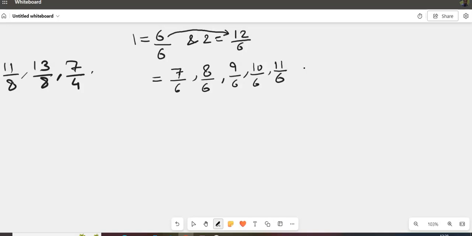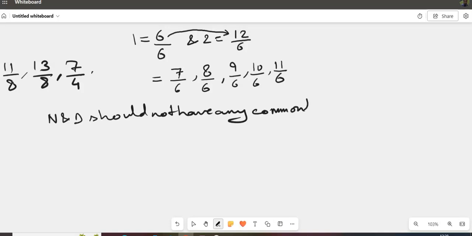It means the numerator and denominator should be co-prime, except 1, obviously.